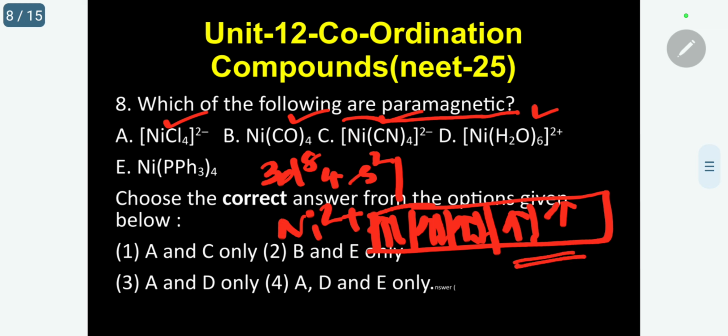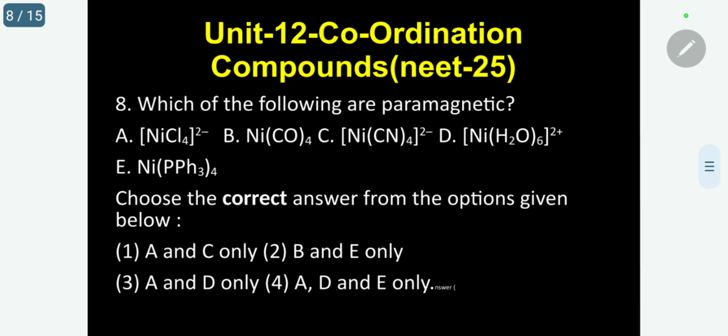So 2 unpaired electrons are present. Kindly follow. So it is paramagnetic. A is paramagnetic. Please follow. The next one.